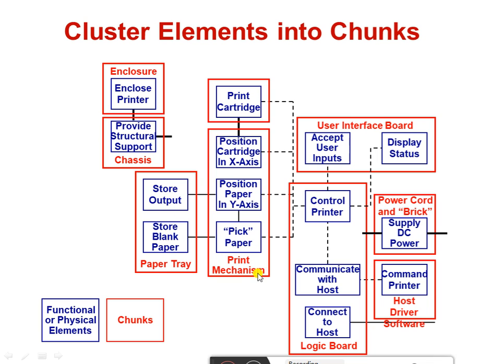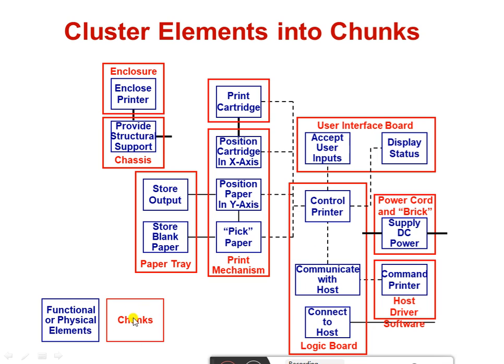In the case of the print mechanism, the chunk has three different functional elements, that is position cartridge x-axis, position paper y-axis, and pick paper. In the case of the logic board, the functional elements are control printer, communicate with host, and connect to host.